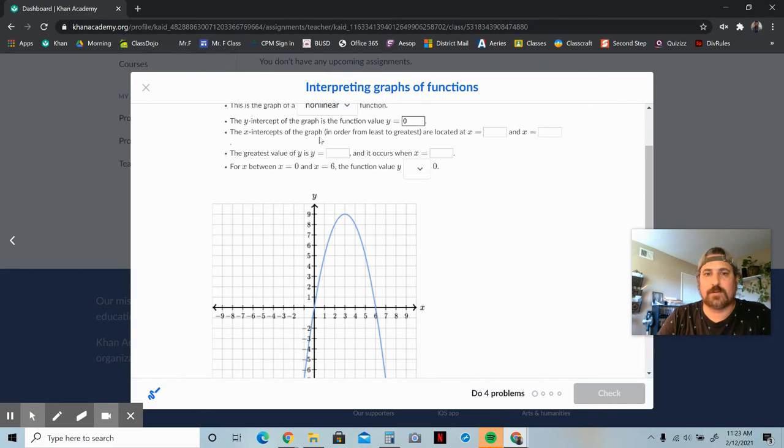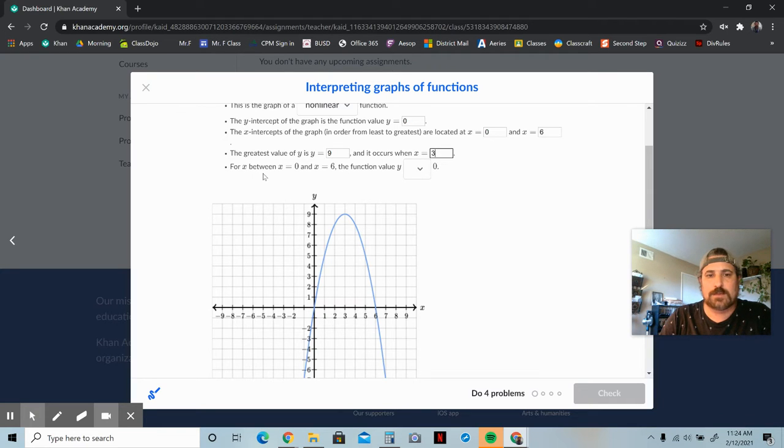The x-intercepts of the graph, in order from least to greatest, are located at x equals 0. Right there, right? That's where it crosses. And the other one is at 6. The greatest value of y is y equals, and that'll be up here, 9. It's the maximum value, and it occurs when x is 3.